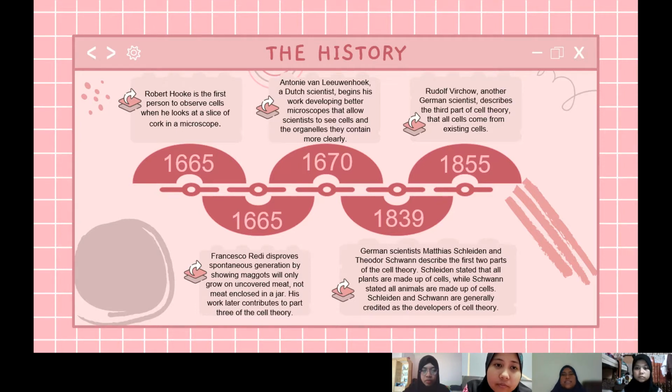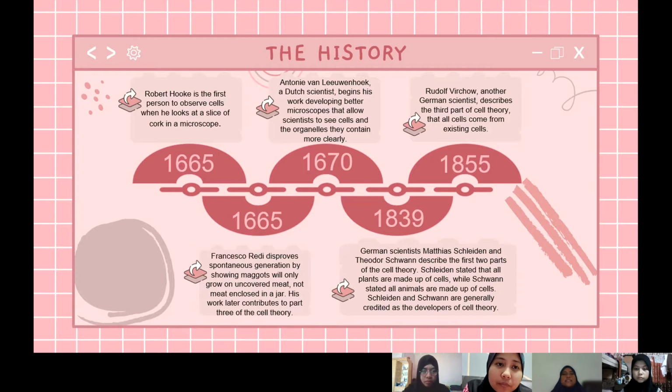In 1665 too, Francesco Redi disproved spontaneous generation by showing maggots would only grow on uncovered meat, not meat enclosed in a jar. His work later contributed to part 3 of the cell theory.